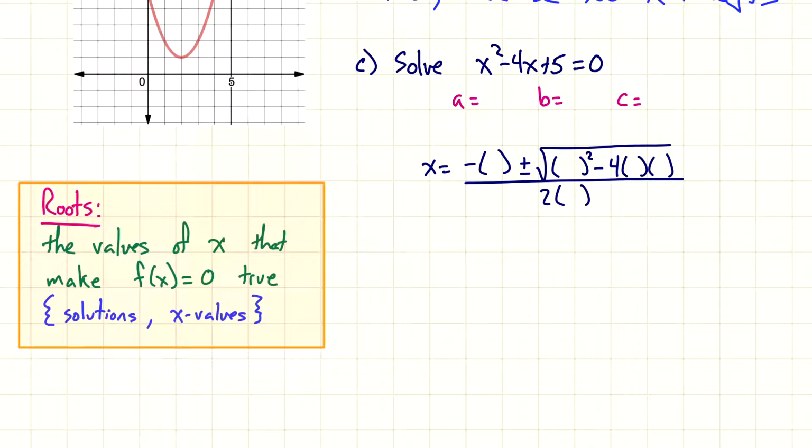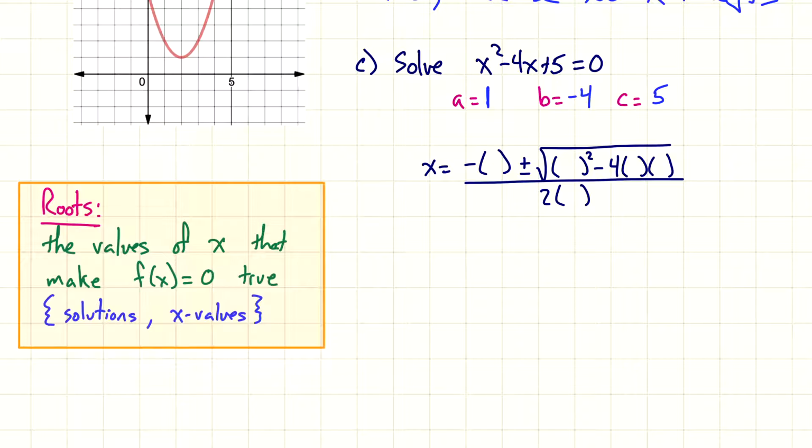So A is equal to 1. B is equal to -4, right? Not just 4, but there's a minus there as well, so it's -4. And then C is going to be equal to 5. Those are the 3 numbers we need to plug into our quadratic formula. I've already set up the format. If you don't know the quadratic formula, you should look at your notes to reference that.